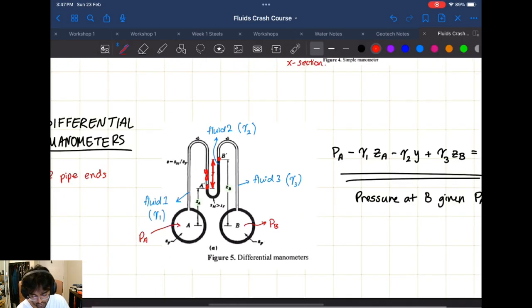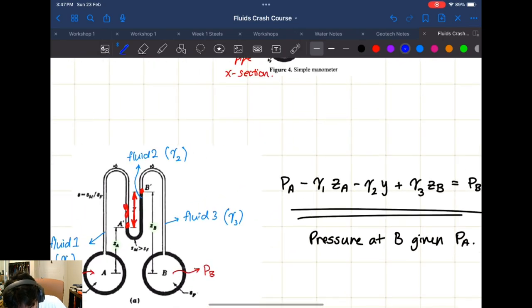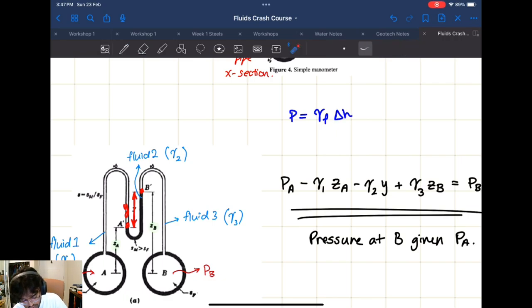And also the general formula when you're taking a look at each fluid individually is going to be the pressure of that fluid is going to be equal to the unit weight of that fluid times height, or times delta height, change in height. Yep, that's better. So you're gonna have to use this formula for each fluid that you're analyzing. So I've done it for the first fluid here.